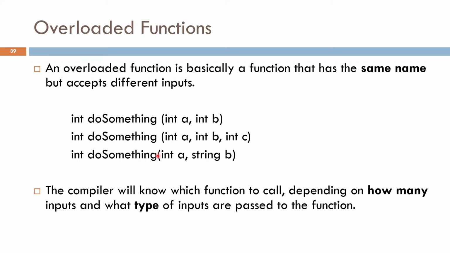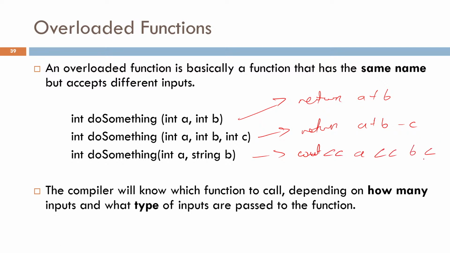For each one of these implementations, you're going to be writing its own code. For this one we can have return A plus B. This one we can have return A plus B minus C. And this one we can have the output, forgive me if I'm drawing the angular brackets the wrong direction, A and then B. So we can have the same function name, but so long as the inputs are different in some fashion, we can have different instructions for each one of them.